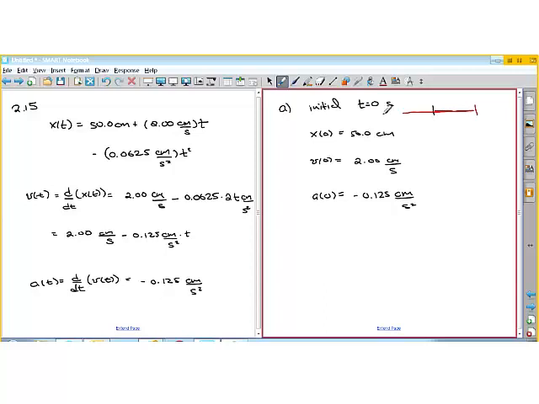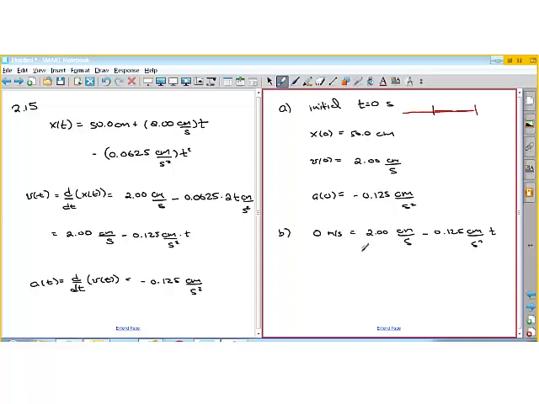Okay, so now that we know that, it says at what time t is the velocity of the turtle 0. So all you have to do is use this relationship here and set the velocity equal to 0 and solve for t. So we're going to say 0 centimeters per second is equal to 2.00 centimeters per second minus 0.125 centimeters per second squared times t, solve for t.